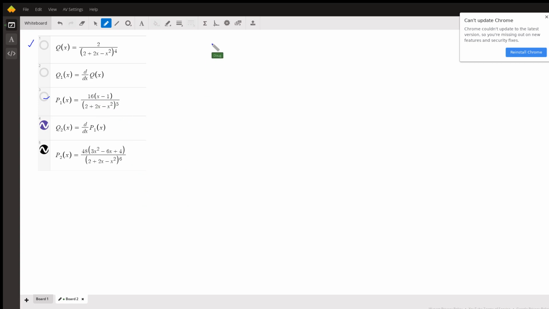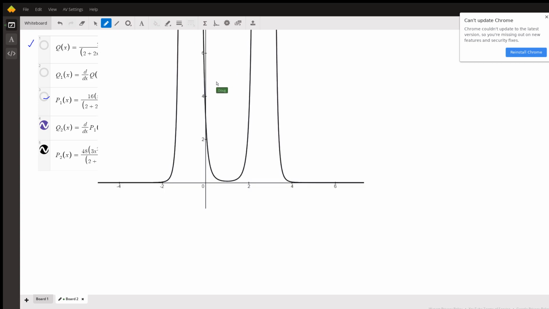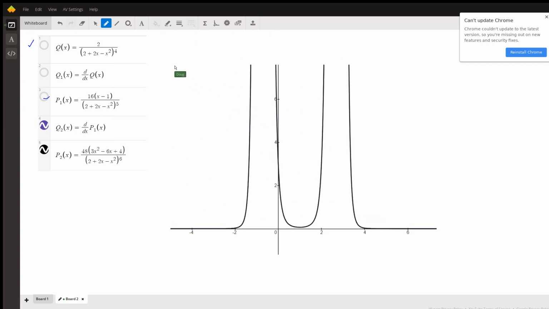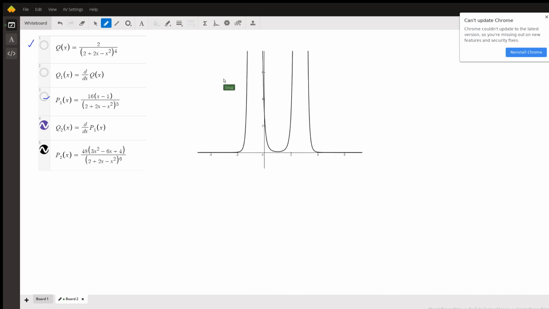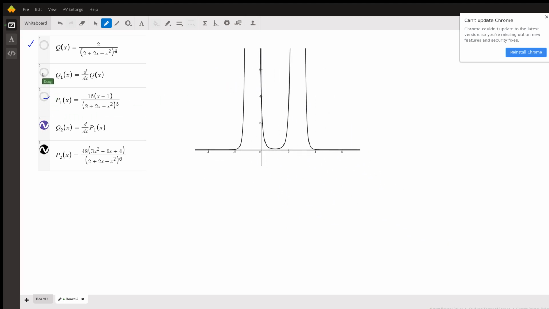And if I copy in what these graphs look like, here's the graph of the second derivative. It's a little bit smaller. By enabling Q1 and P1, you'll see that the graphs are identical. So that kind of proves that this answer is correct.